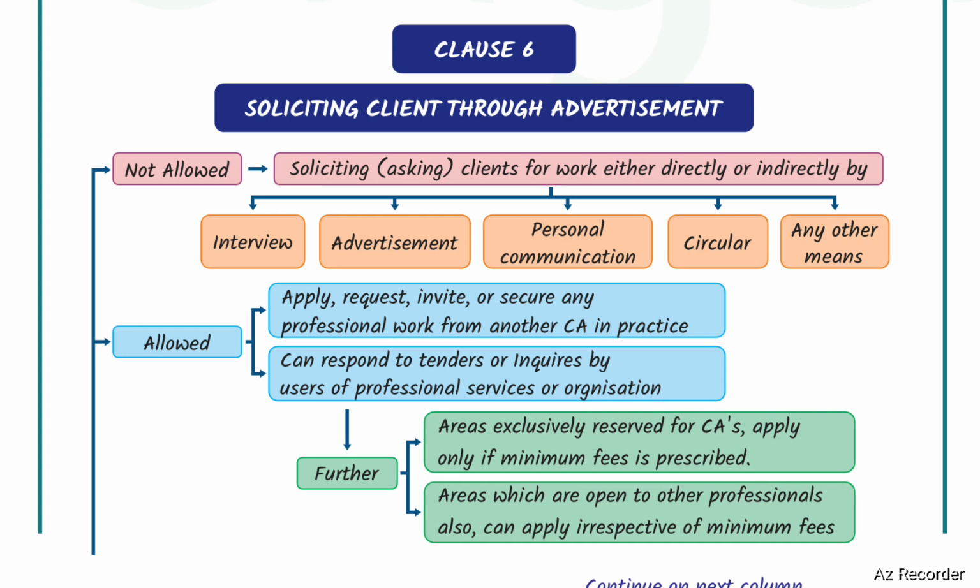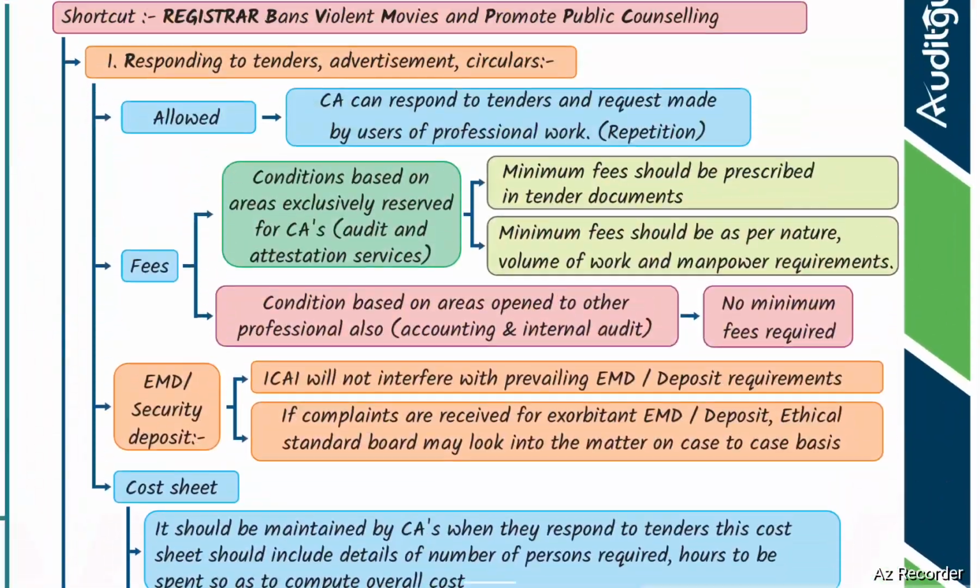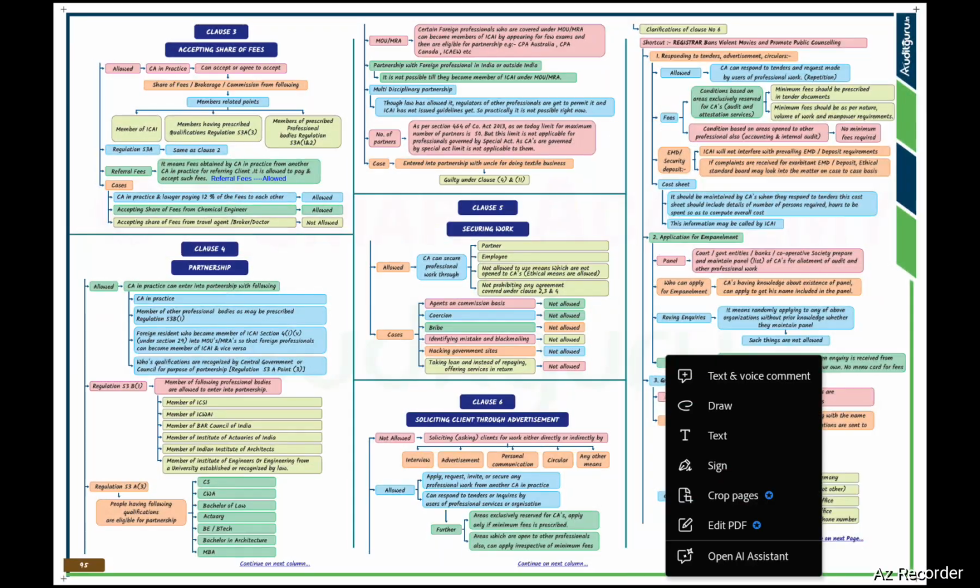Further, areas exclusively reserved for CAs apply only if minimum fees is prescribed. Areas which are open to other professionals also can apply irrespective of minimum fees. Clarifications on clause number 6.